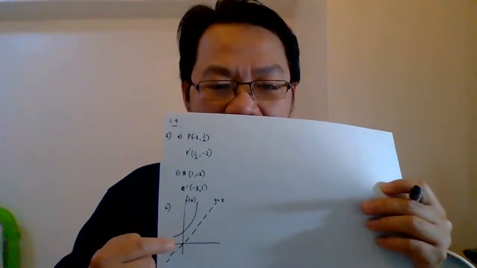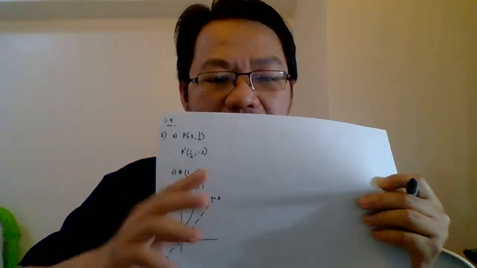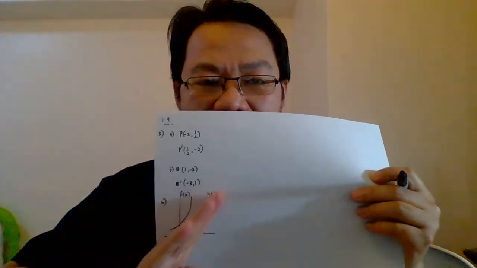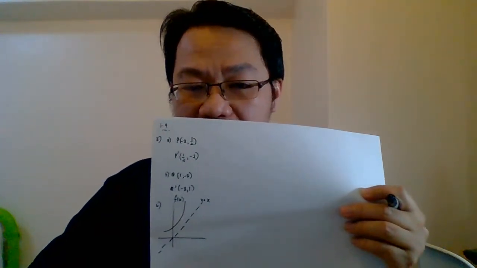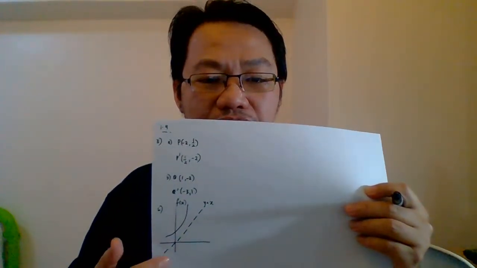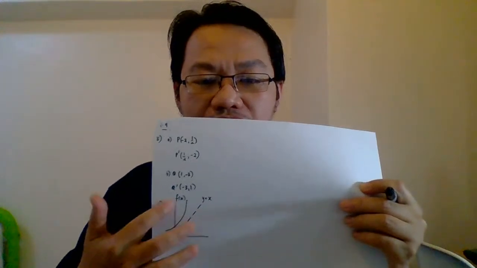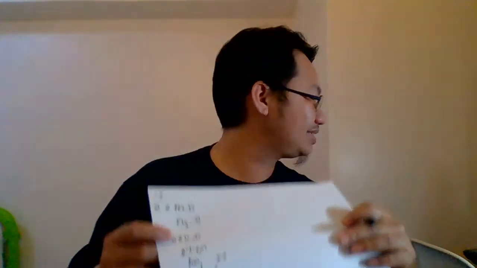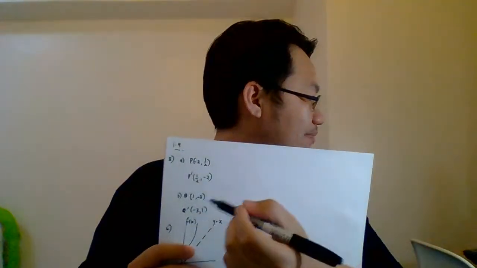For the inverse function of the graph, reflect this graph against y equals x. You see here, y equals x is already given. So when we reflect this graph, dia akan jadi macam mana? Very straightforward. Let me label first.